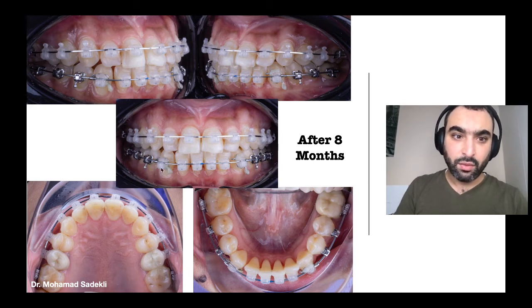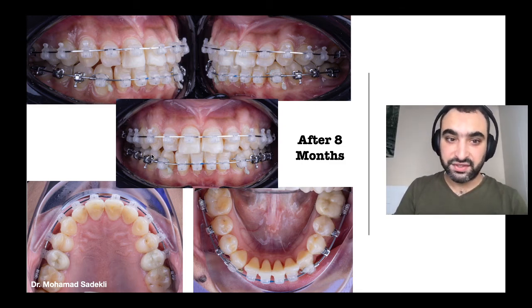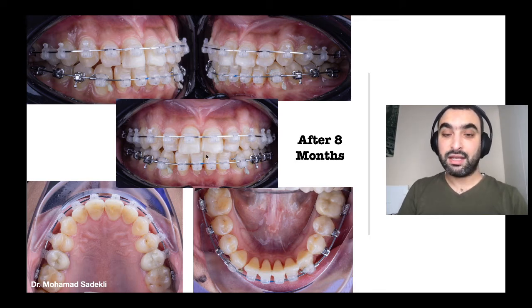The class 3 was from the upper 7, or second molar, until two teeth here. So I will have some vertical forces, and here actually I have vertical forces. So you can see here how the anterior open bite was closed and the midline shift almost fixed in the first 8 months. And you can notice I am still here with the copper nitinol wire.